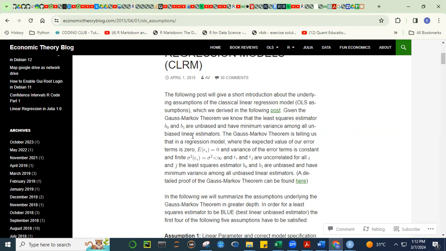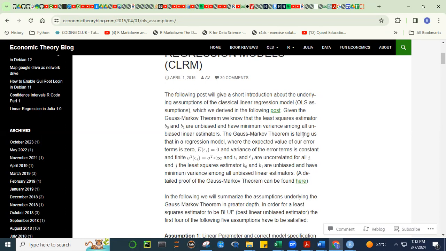You can have several combinations of estimators, and they may all be unbiased, but there's only one that has minimum variance. That's what we call the BLUE. That's part of the BLUE. What's the BLUE? That's the best linear unbiased estimator.